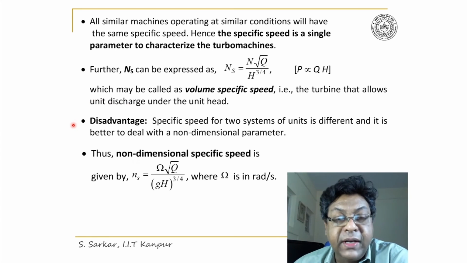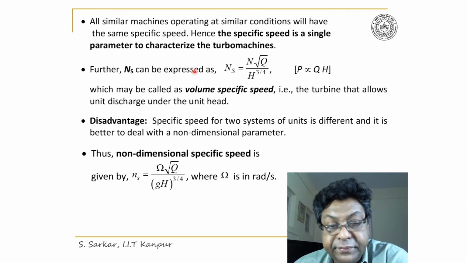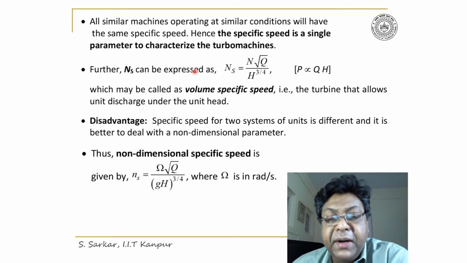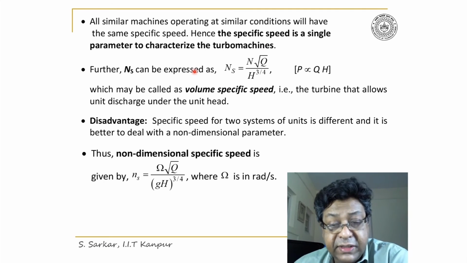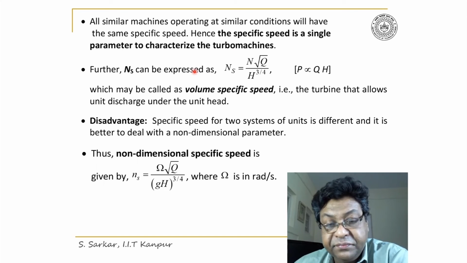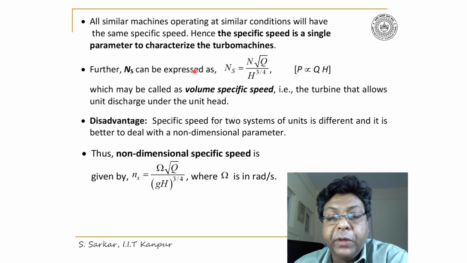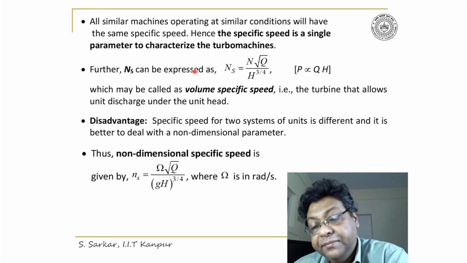Now another point I would like to make here: what is the disadvantage of the expression of specific speed that I have derived right now? The disadvantage is that the specific speed of the same machine defined in two systems of units is different.